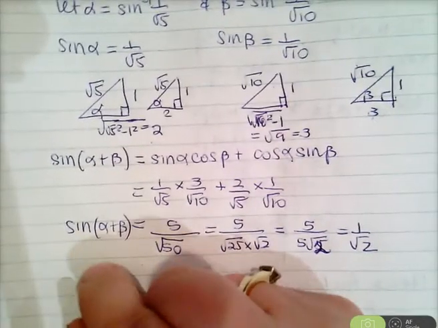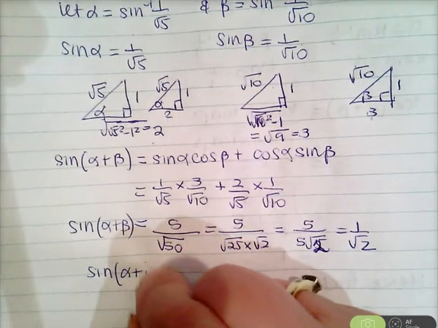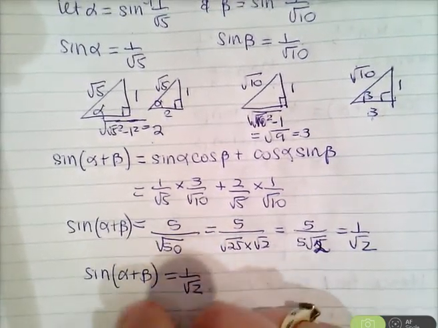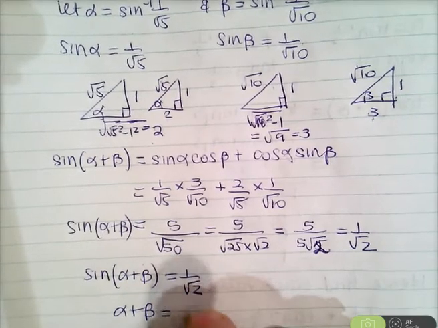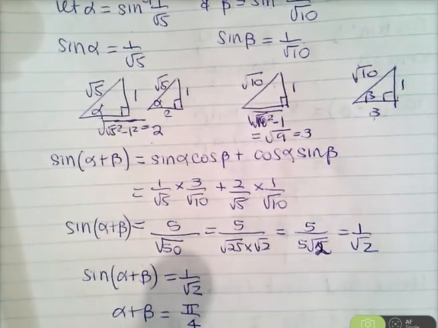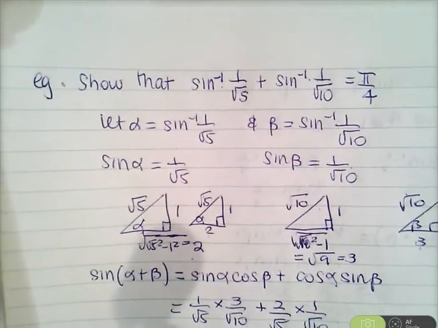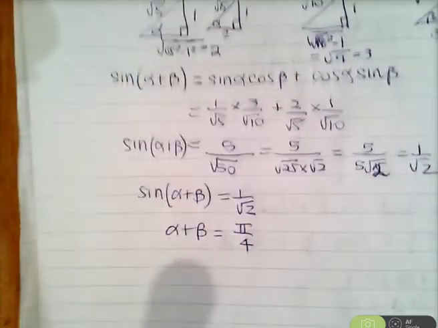Now, if the sine of alpha plus beta is 1 on root 2, sine of what is 1 on root 2? It's sine 45, and 45 is pi on 4. Remembering we must be in the range of the inverse sine function, and pi on 4 is in the range of the inverse sine function.